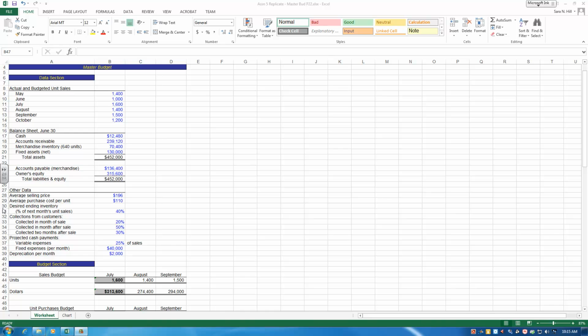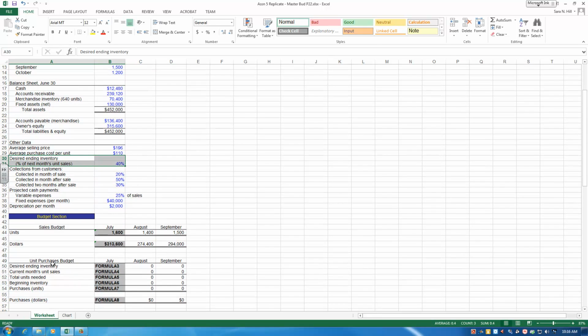So when I move down here to my units purchase budget, I'm going to take my next month's sales, which I can find right up here in August, and I'm going to multiply that times 40%.